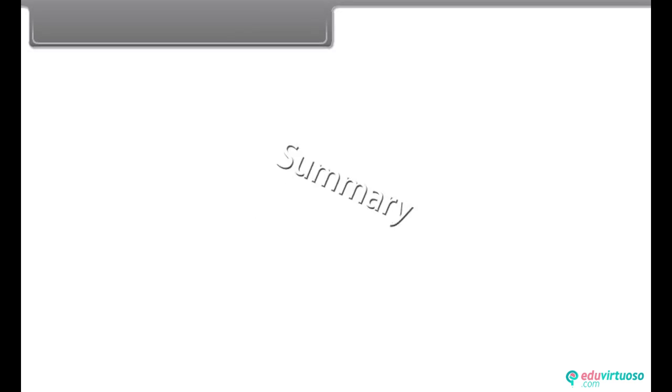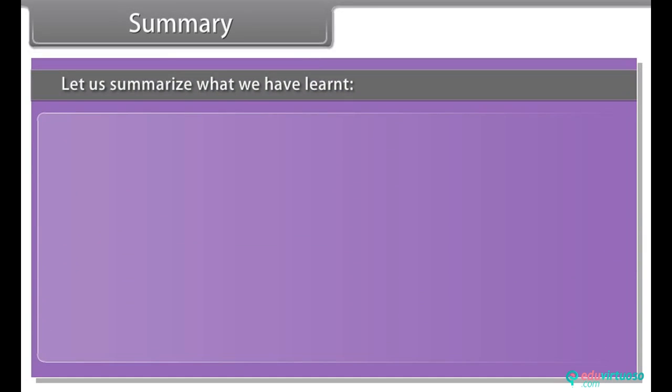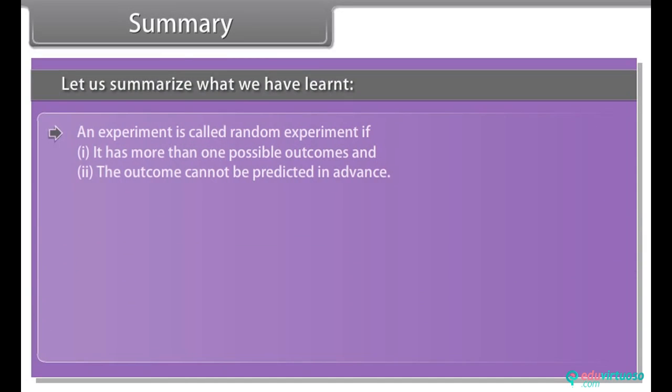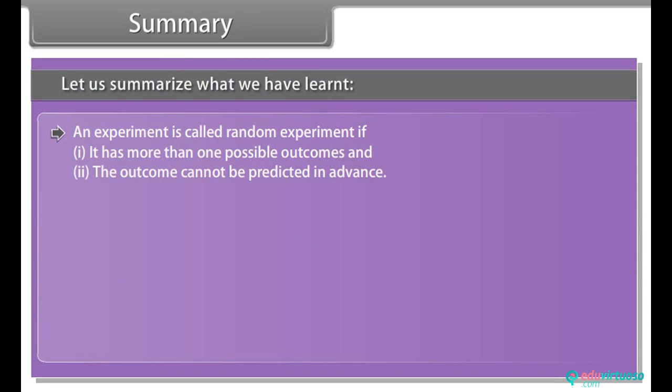Summary. Let us summarize what we have learned. An experiment is called random experiment if 1. It has more than one possible outcomes and 2. The outcome cannot be predicted in advance.